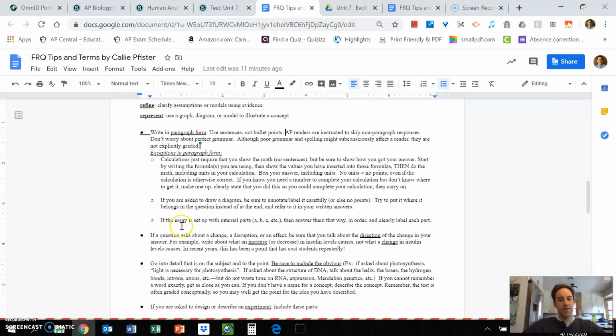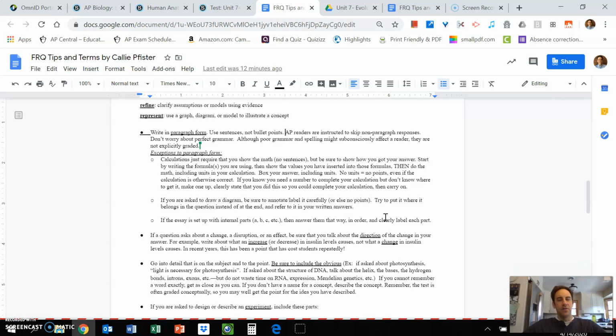The other thing is, if the essay is set up with internal parts, answer them that way, in order, and clearly label each part. I noticed a number of people didn't clearly put A, here's my answer, B, here's my answer. I am told that if you answer part A under the part B label, the reader will still catch that and give you the point.